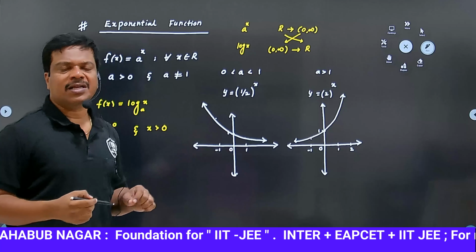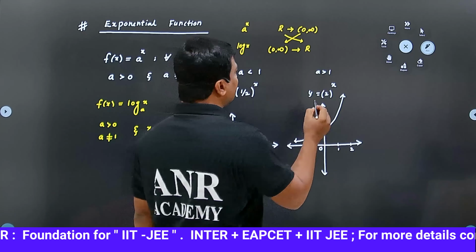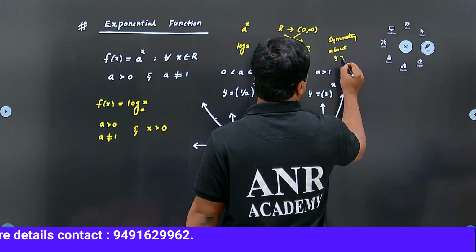And you know that for inverse functions, the graphs are symmetric about the line y equal to x. Why?